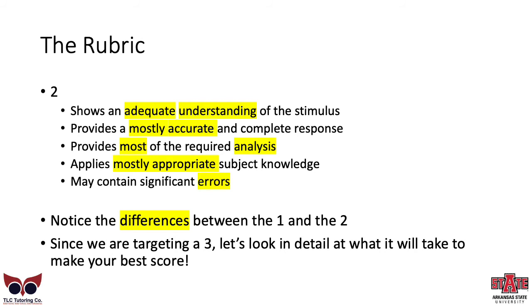Notice the differences between the 1 and 2. The keywords are highlighted so that you can tell what things will cause you to get a 1 and what things will cause you to get a 2. However, since we're targeting a 3, let's look in detail at what it takes to make your best score.